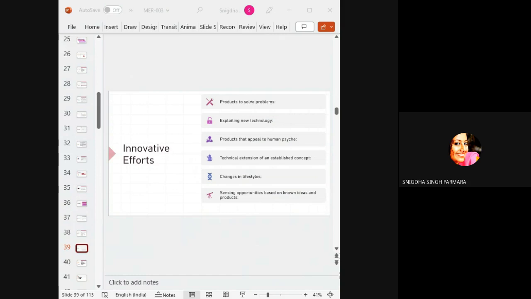If there is a known idea or product, you have to sense what opportunities lie within it. What are the ways in which you could improve it? What are the ways in which two products could be combined to serve one comprehensive product to the customers? Okay, so certain such products have to be thought of under innovative efforts.